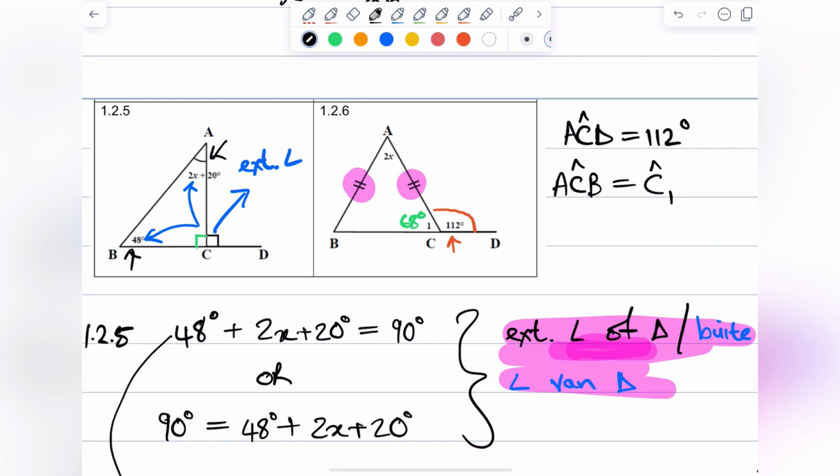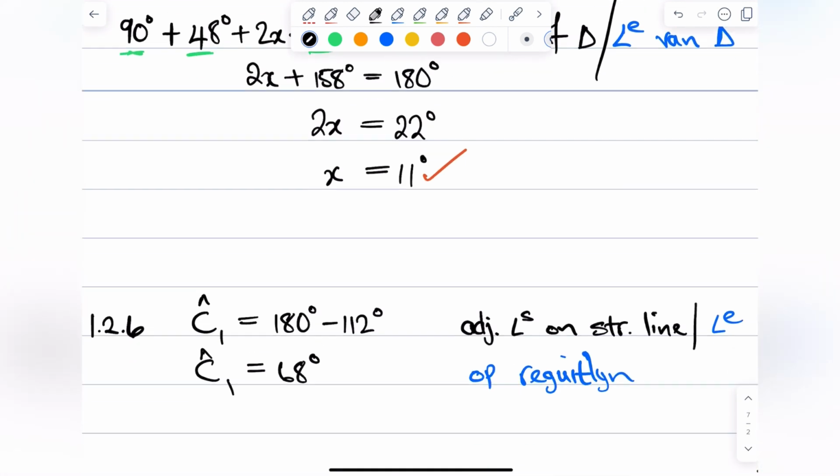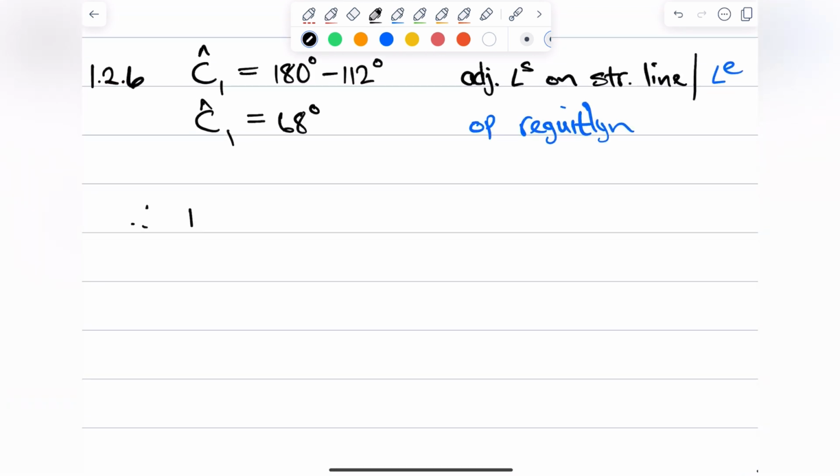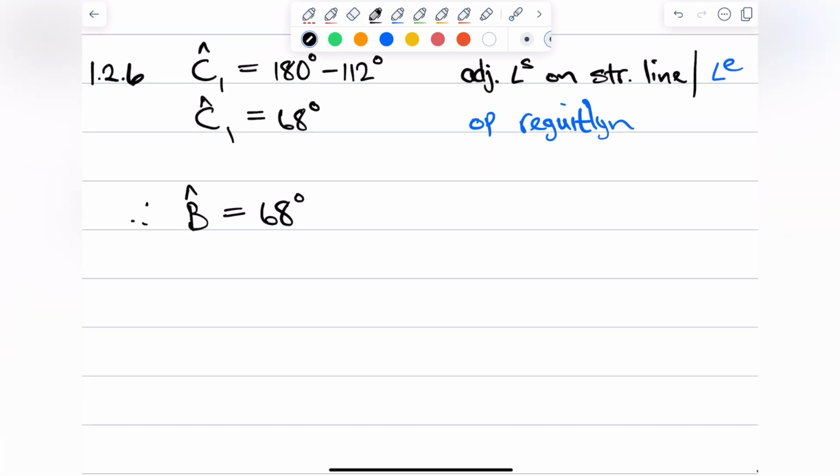We could have made a side note earlier that angle B is equal to angle C1, but we are actually going to indicate the value now. Therefore, angle B is also equal to 68 degrees. And the reason is, it's an isosceles triangle, which means we'll use the reason angles opposite equal sides.